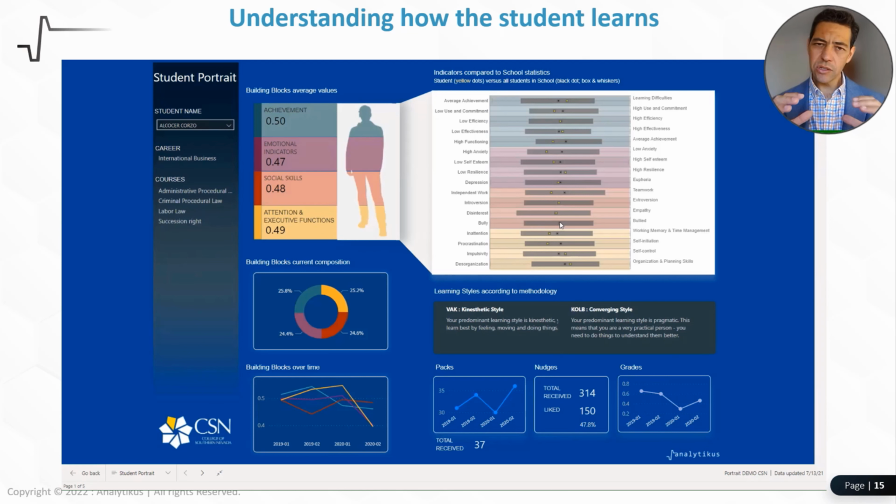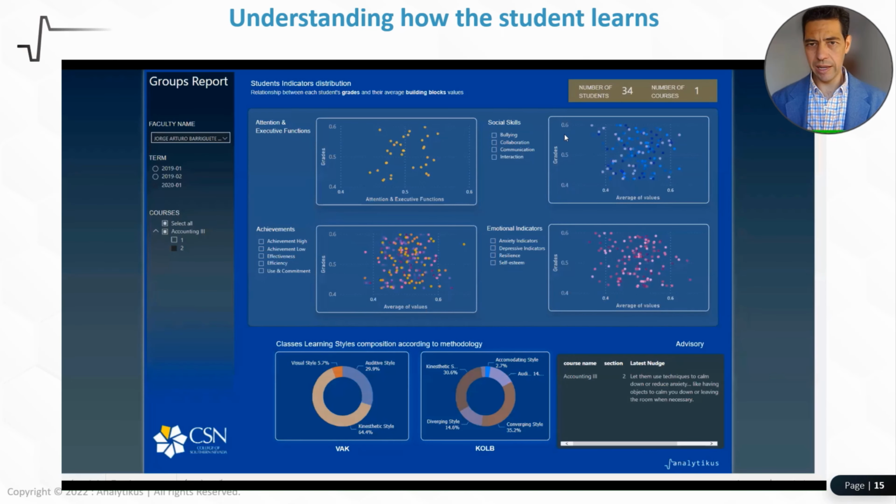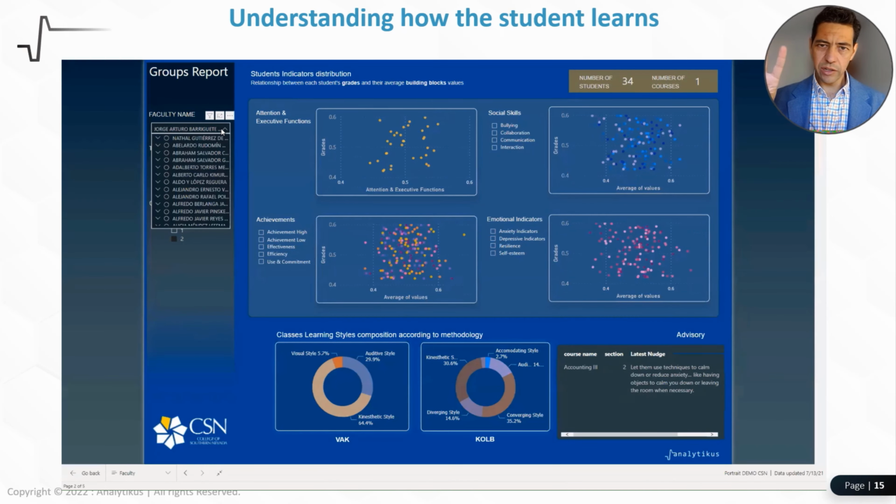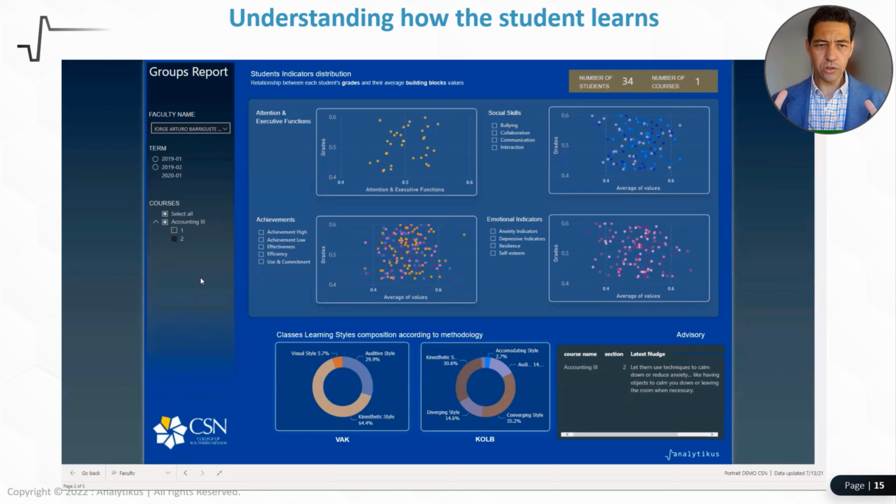But not only this, when we aggregate this report at a faculty level, we allow professors and faculty to understand where different groups might be gravitating. So this is a report that was prepared for a faculty member. Again, the 4 areas of development, 16 building blocks.